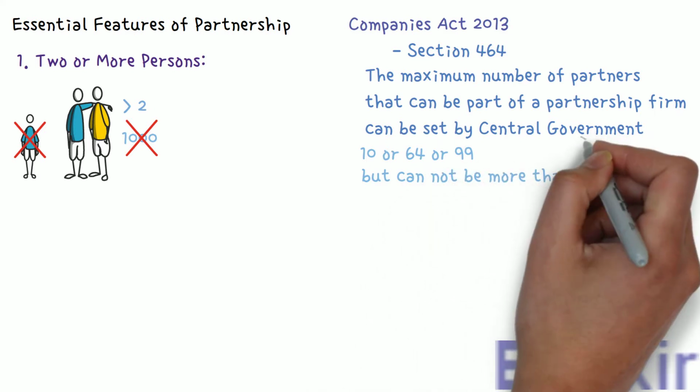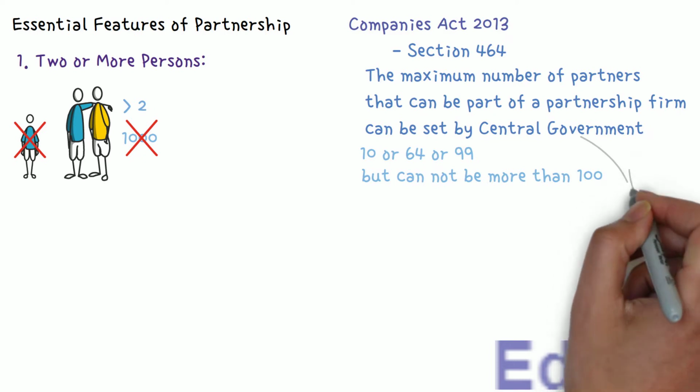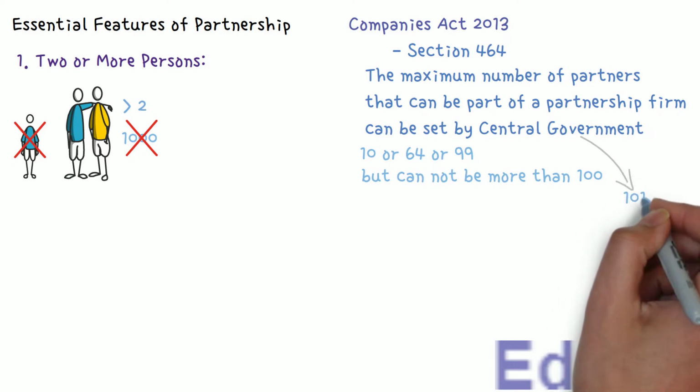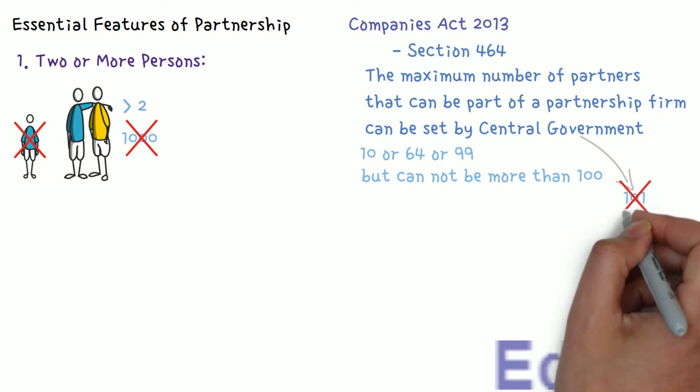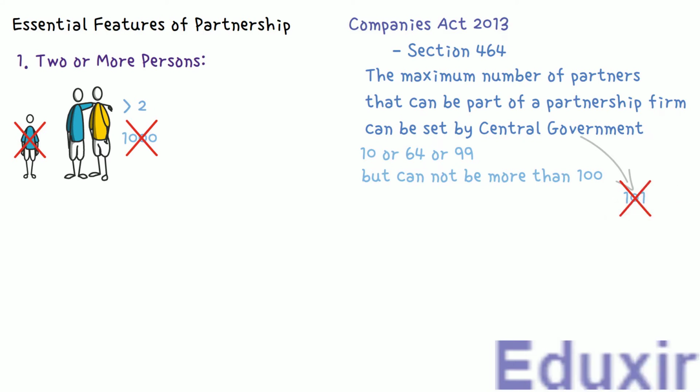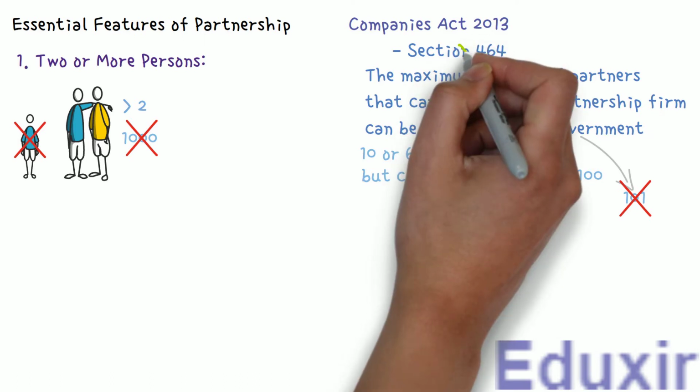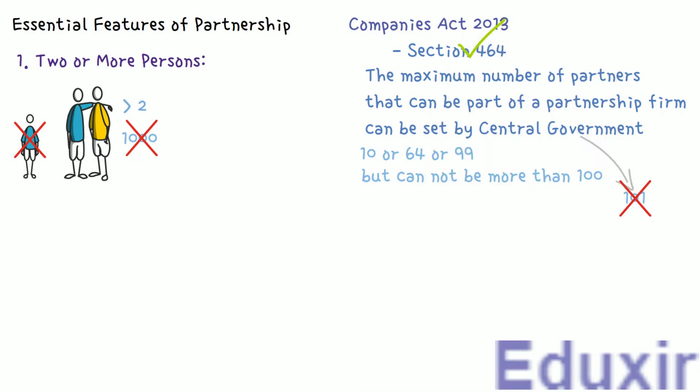In other words, the central government cannot say that the number of partners could be 101. That will not be in accordance with section 464 of the Companies Act 2013. The number of partners should not be more than 100. Who says that? It is section 464 of the Companies Act 2013.